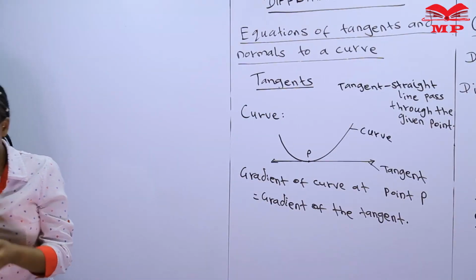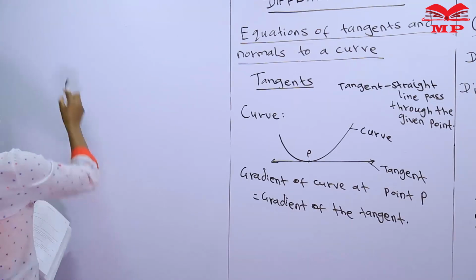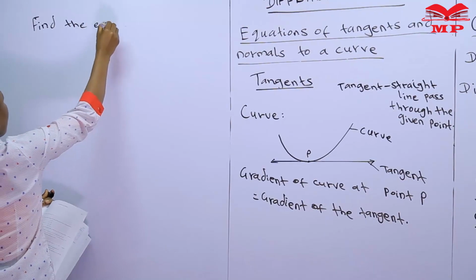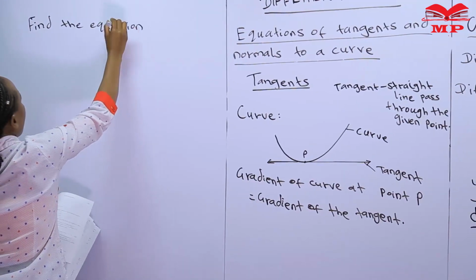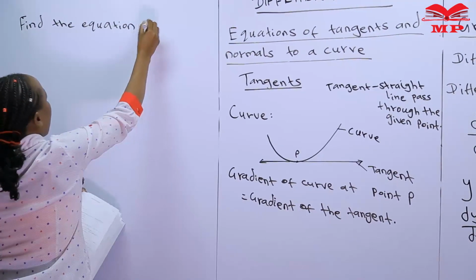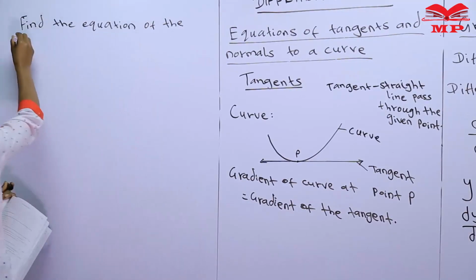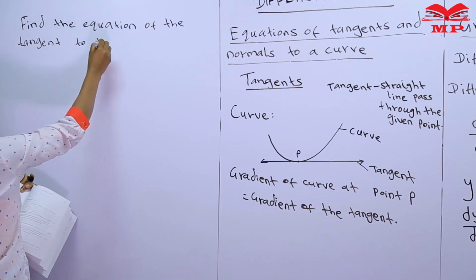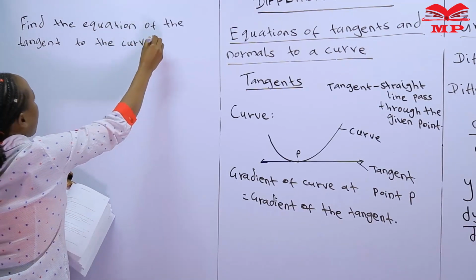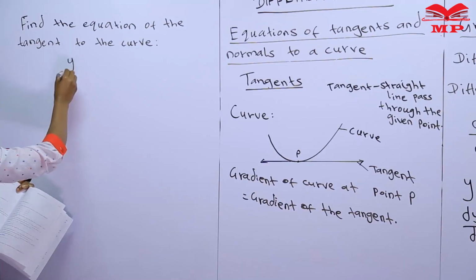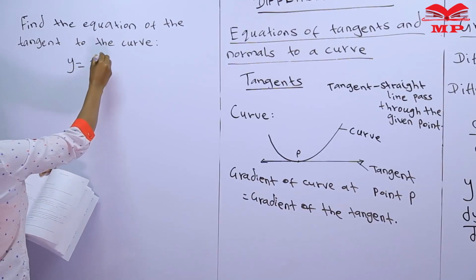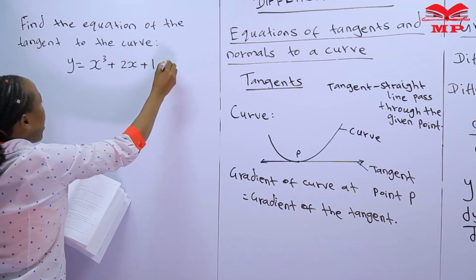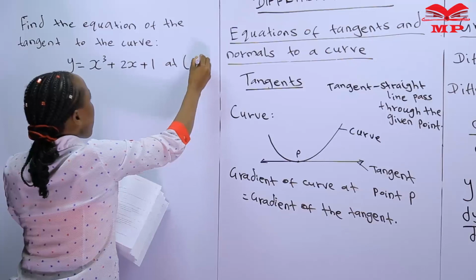Like in this example here, we are told: find the equation of the tangent to the curve y = x^3 + 2x + 1 at the point (1, 4).